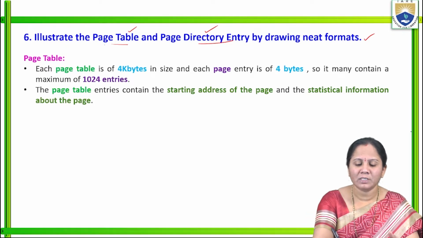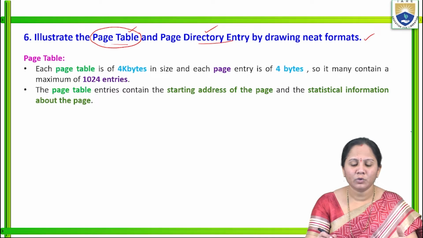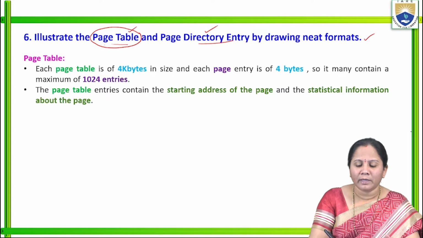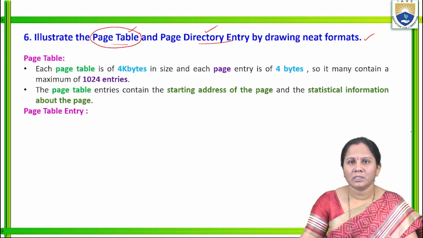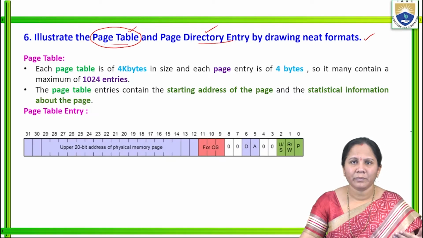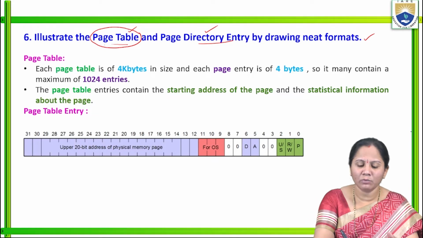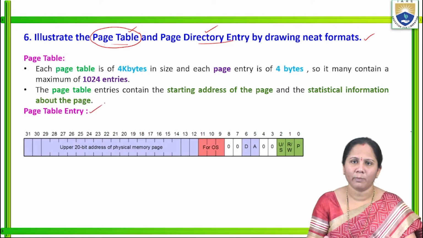So here first for this page table, we should write what is meant by page table. And so here next, what is meant by page table, and then we have to draw the page table format.